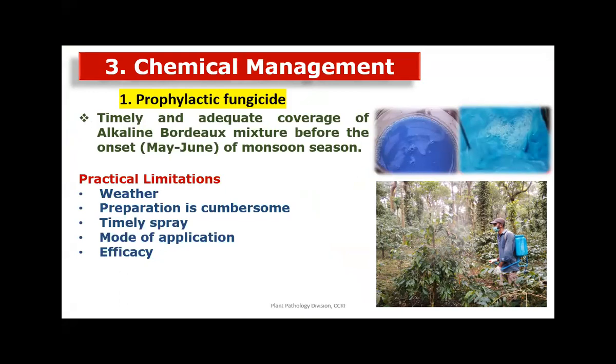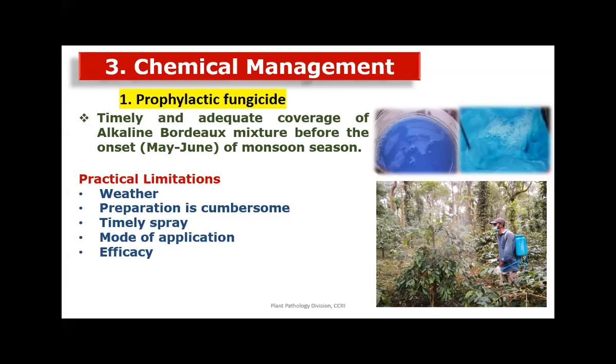It has a broad spectrum and is broadly used in agricultural, horticultural, and even plantation crops. When using this prophylactic fungicide, Bordeaux mixture, the contact fungicide, it has to be applied before the onset of monsoon.